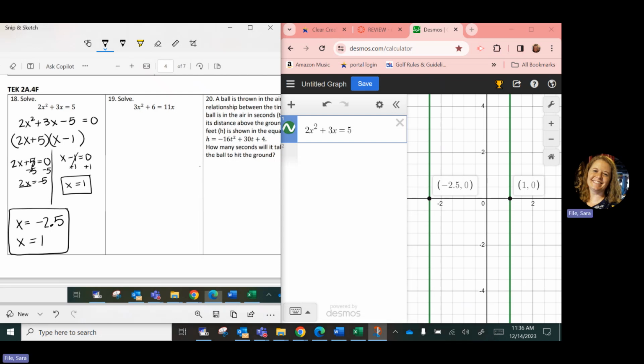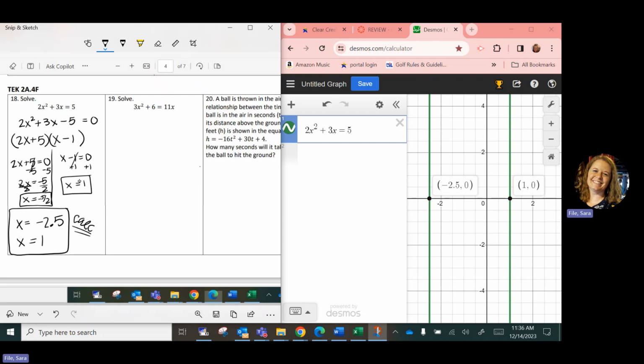And then divide out the 2. -5 halves. Guess what that is as a decimal? -2.5. So I got these in the calculator. I got the same answers by factoring and solving by hand.